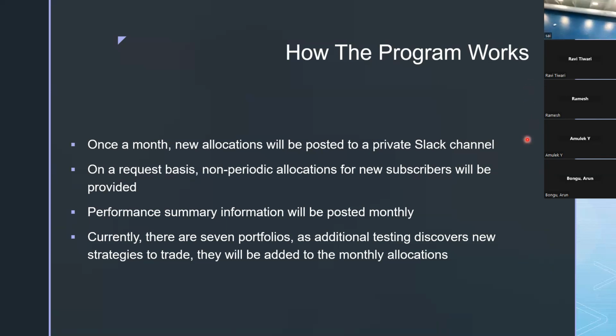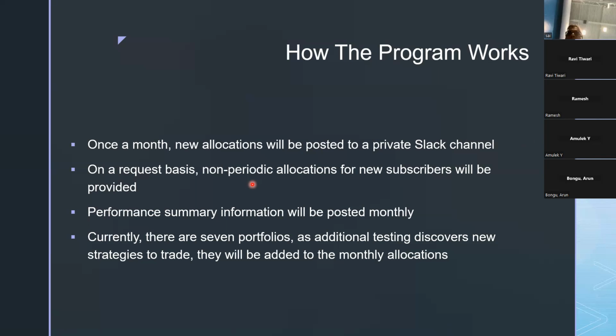Anyway, how the program works is once a month you're going to get new allocations for your trades, and that comes out as a spreadsheet. I post that in a private Slack channel, and when you become a member, I'll give you access to it. If a new subscriber comes on in the middle of the month, I'll go back and rerun the algorithms to determine the positions.